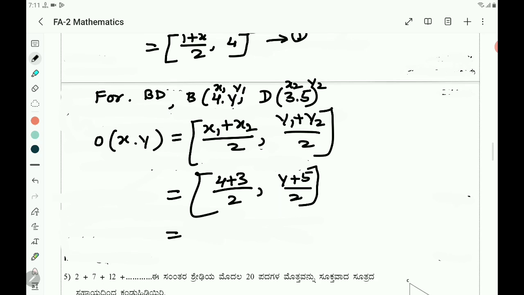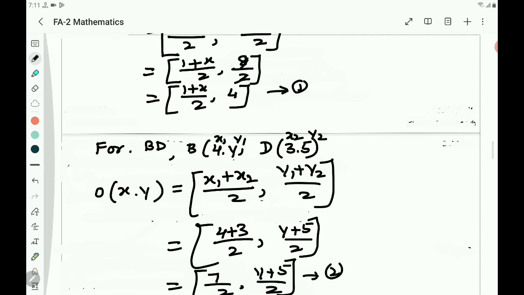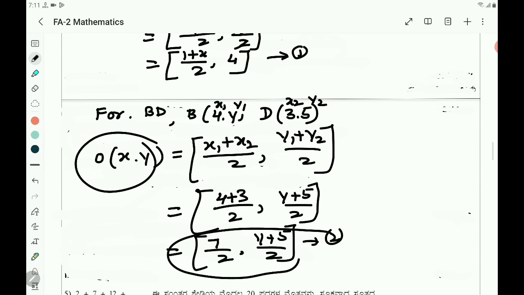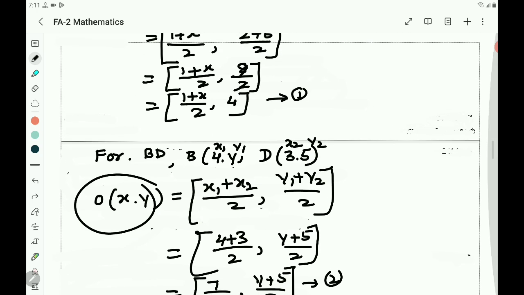That equals 4 plus 3 is 7, 7 by 2, comma, (y plus 5) by 2. Consider this as second. Here O(x, y) equals (7 by 2, (y plus 5) by 2) you got.